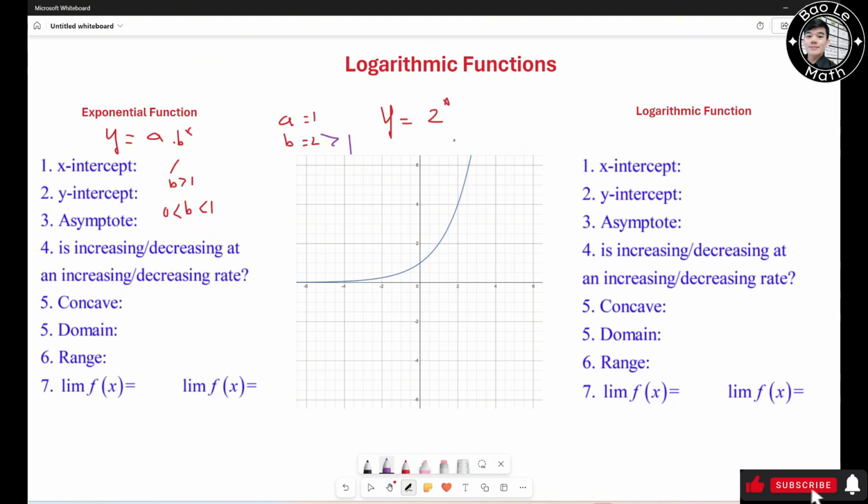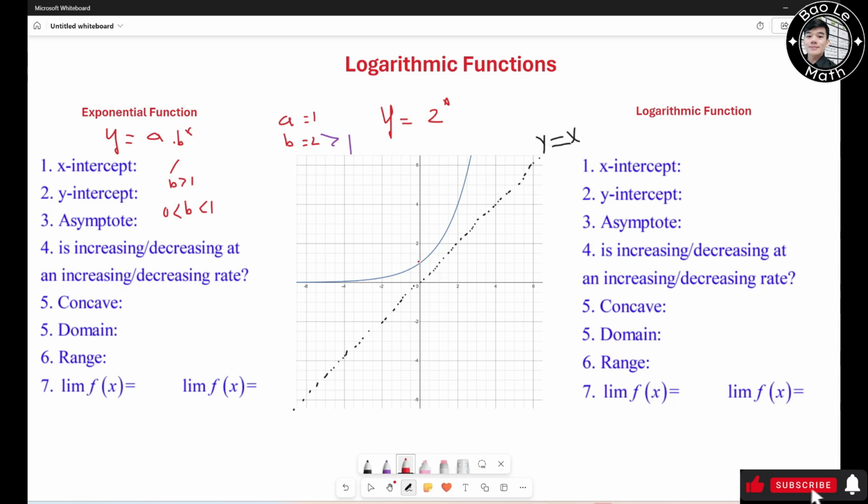How do we find the logarithmic function? We know that the exponential function is the inverse of the logarithmic function, and the logarithmic function is the inverse of the exponential function, right? So if both functions are inverses, they will reflect each other over the line y equals s, right? So I'm going to draw y equals s. It's going to be something like this. Now the logarithmic function will be the reflection of the exponential function over the line y equals s.